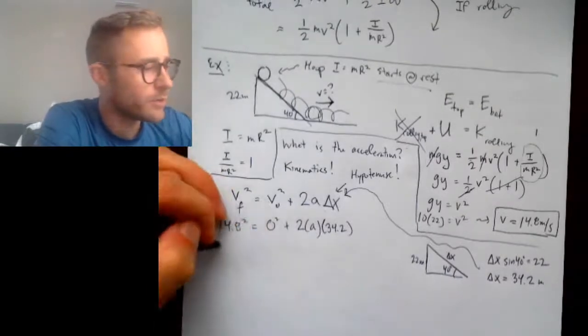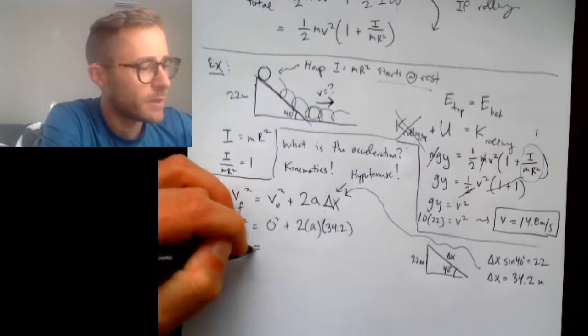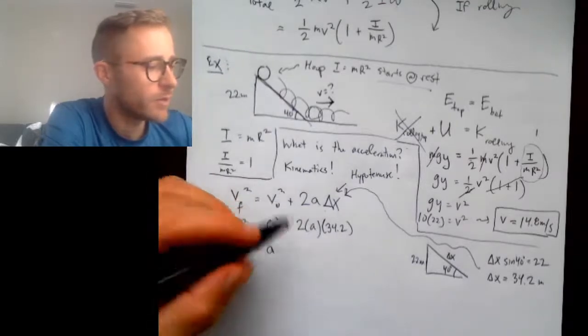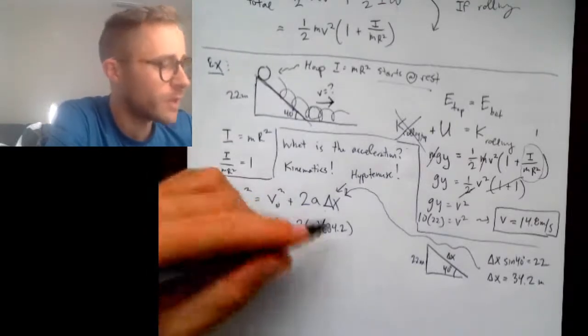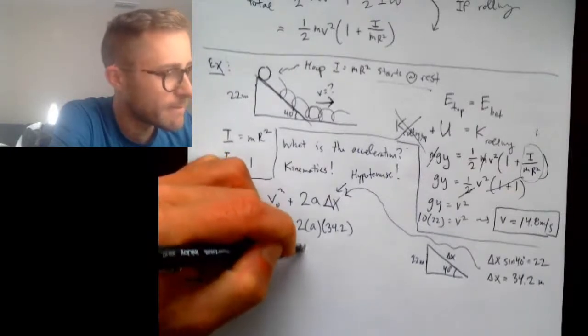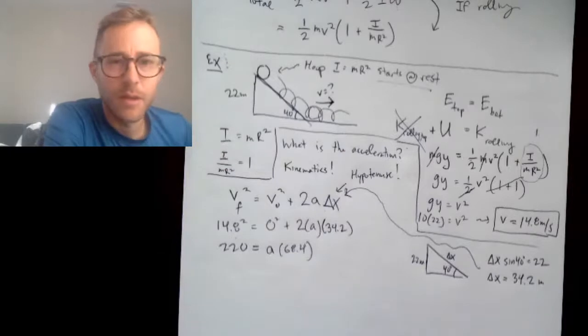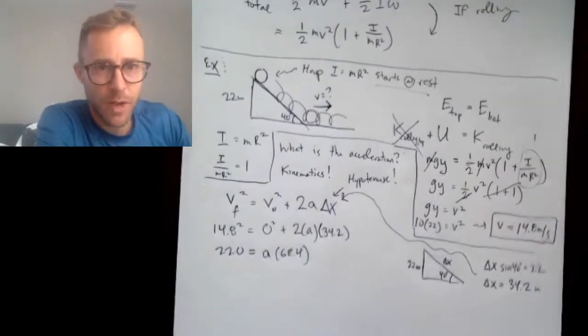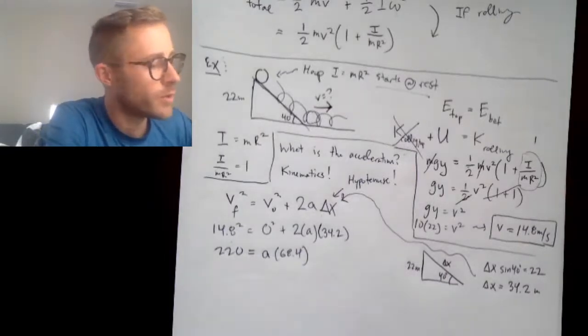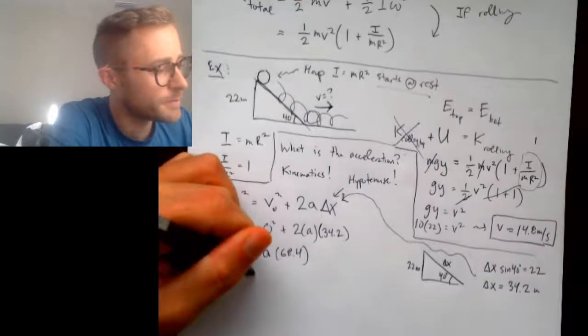Okay, 14.8 squared is 220. 2 times 34.2 is 68.4, excuse me. Okay, which I then divide both sides by 68.4. And I get that the acceleration is 3.2 meters per second squared.